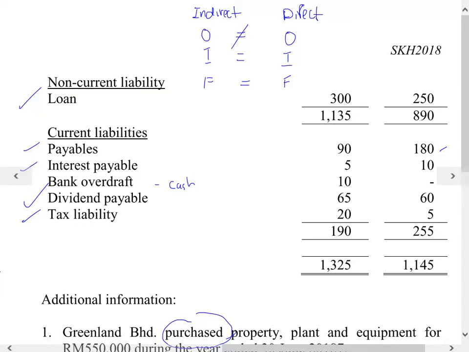Not only that, you are asked to prepare also, you are required to prepare a reconciliation. The standard says, if you want to prepare direct method, you must prepare one more reconciliation. What is this reconciliation? It is exactly the same as operating activity in indirect method.